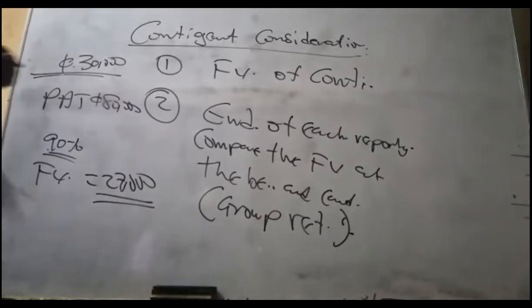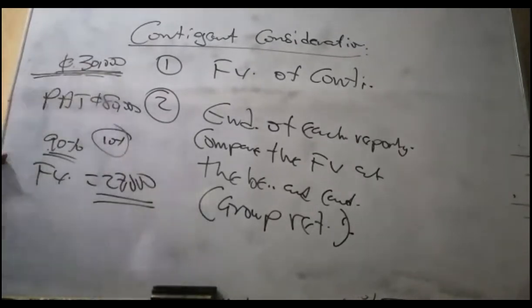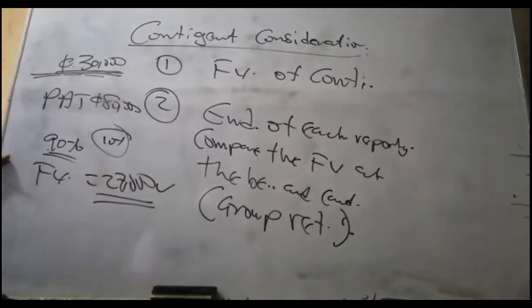Because you owe somebody a payment of 30,000 if the person fulfills certain conditions. But it's unlikely, or the person might not fulfill 10% of the condition, which has released 10% of the burden away. So this 27,000 will be recorded in the books. Good. And then it will be recorded as a liability.